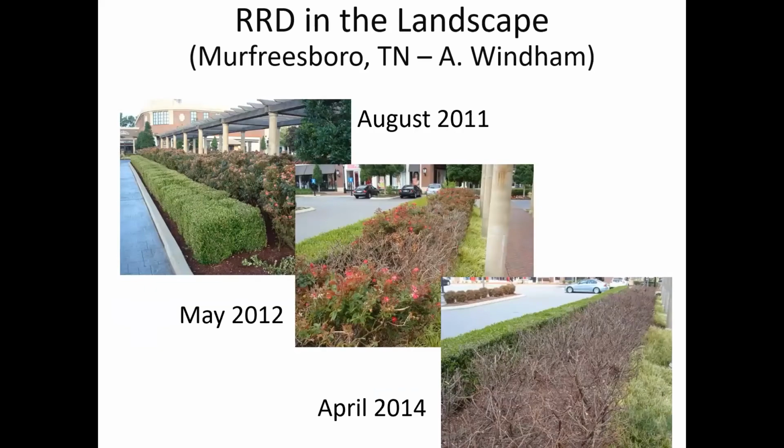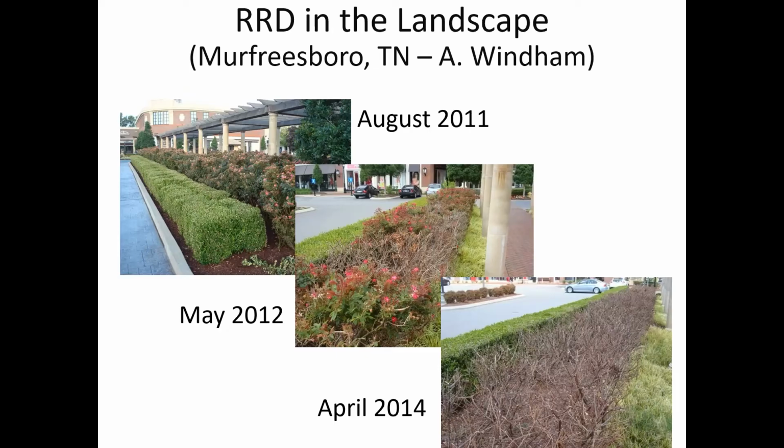Another example of this is a hedge in Murfreesboro. And this is at a large strip mall shopping center type place. That hedge, it's hard to get the perspective on it. That hedge is almost 200 feet long. And in 2011, the shrub roses looked great.